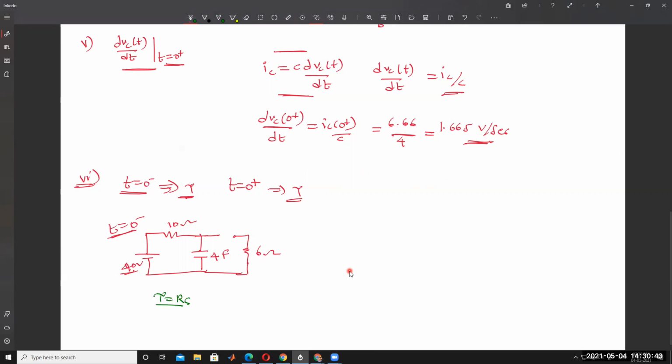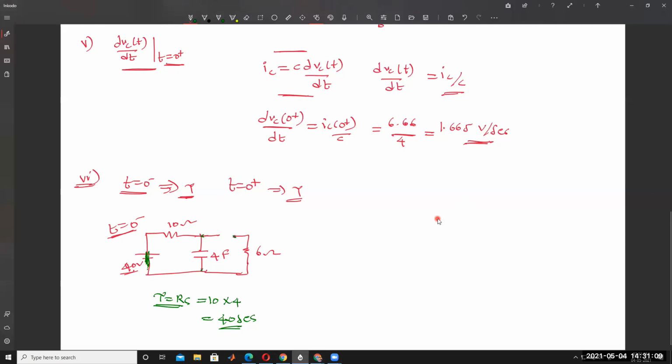The voltage source is short circuited, and one terminal is not connected. That's why the equivalent resistance is nothing but 10, and 10 into 4 is 40 seconds. This is the time constant before the switching action, at t is equal to 0 minus.